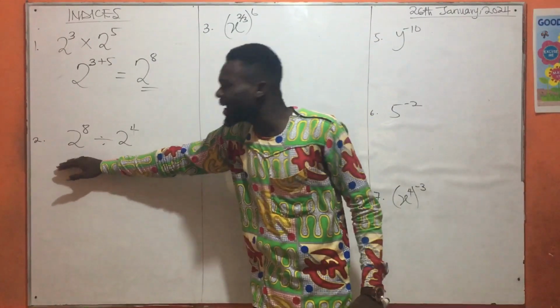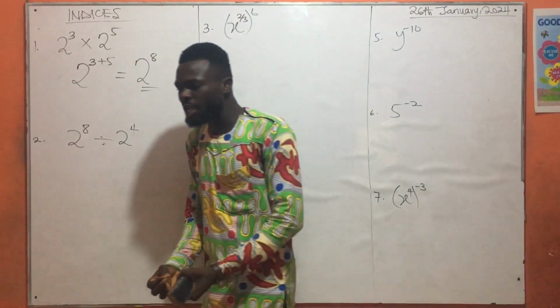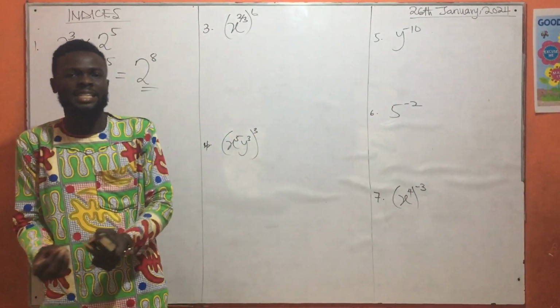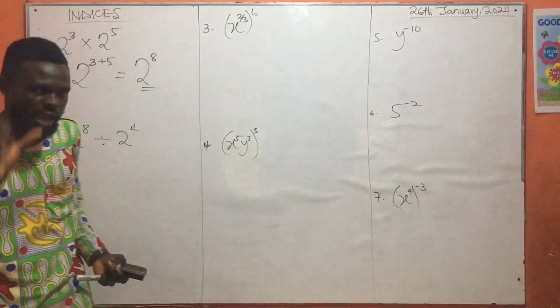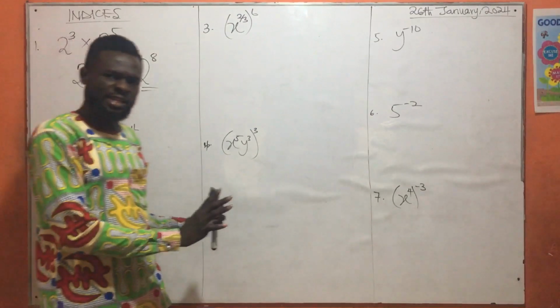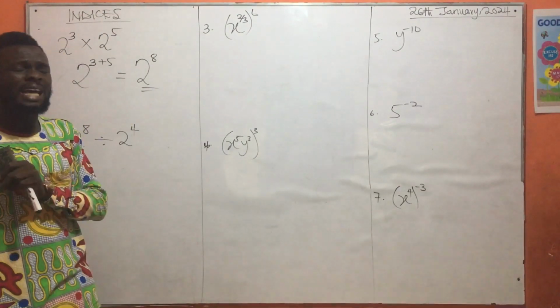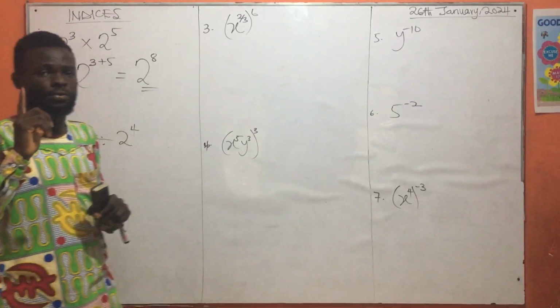Now the second one is an example of the second law. The second law says that when you are dividing and the bases are the same, we only use the law of indices when the bases are the same. When the bases are not the same, we can't use the law of indices.